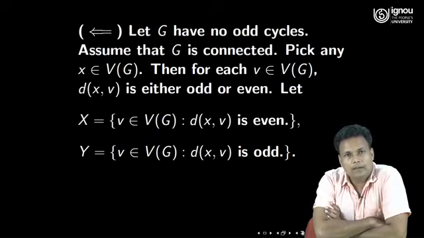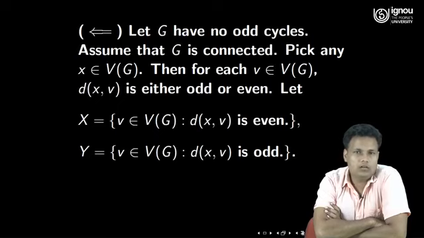Now let's pick any vertex X in V(G). Then for each V belonging to V(G), the distance d(X,V) is either odd or even, right?